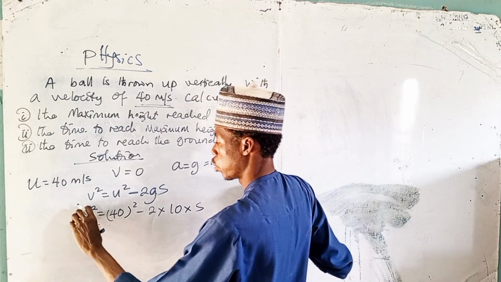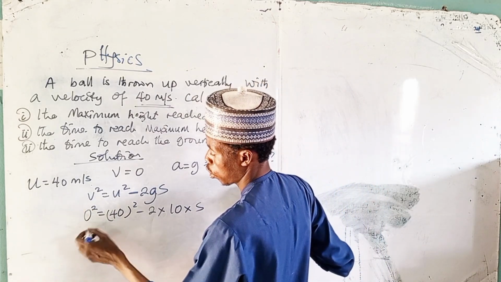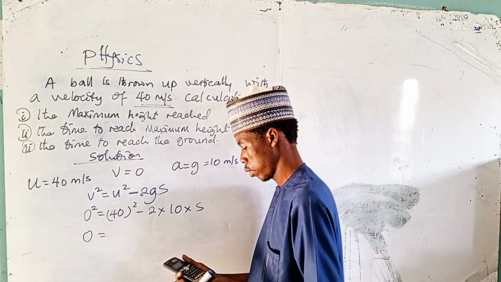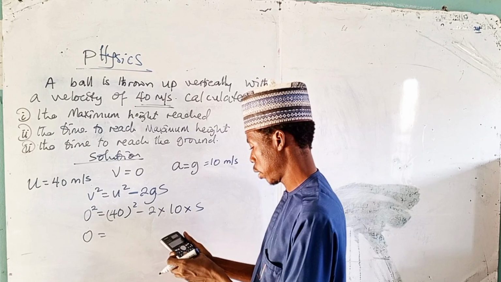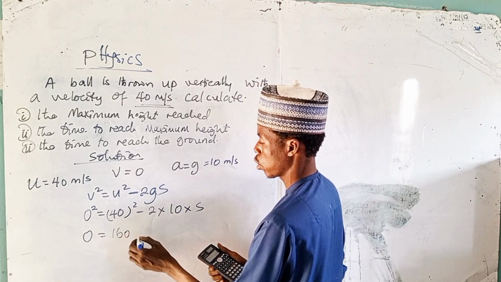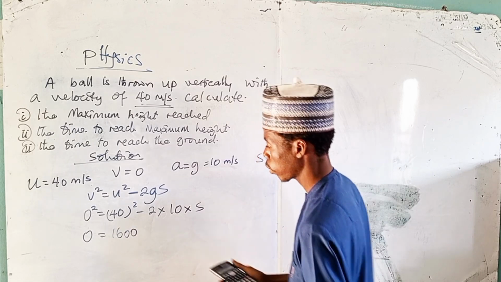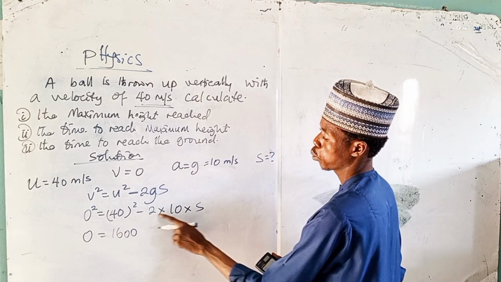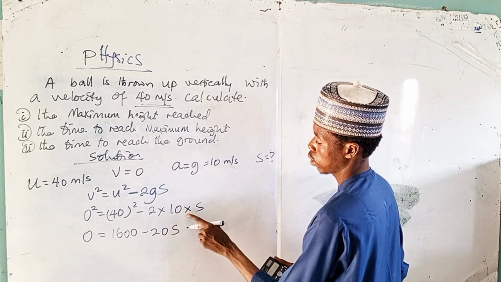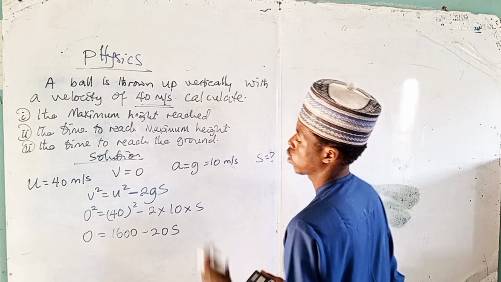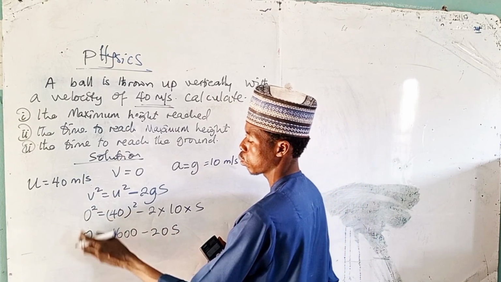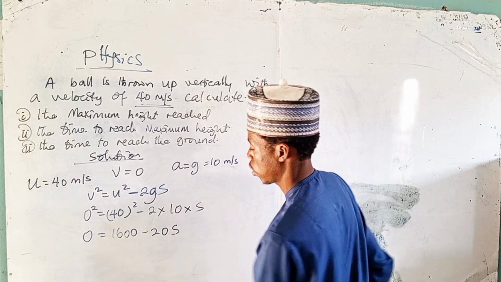So now 0 squared is 0, which is equal to 40 squared. 40 squared is 1600. 1600 minus 2 times 10 is minus 20, times s, minus 20s. So now we can take this with the negative sign and cross the equality sign with it like this.